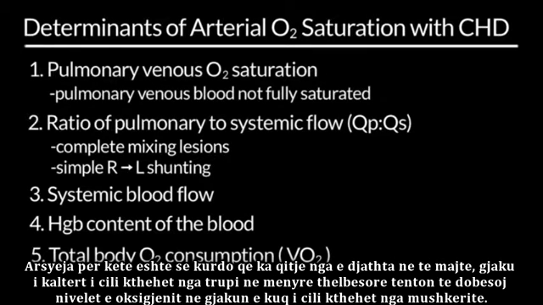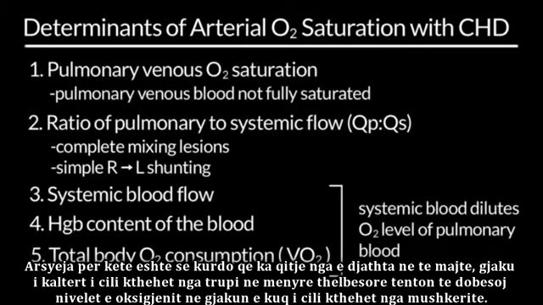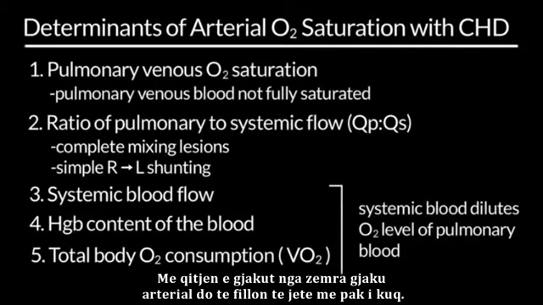And the reason for this is that whenever there's right to left shunting, the blue blood returning from the body tends to essentially dilute out the oxygen level of the red blood returning from the lungs. The bluer the blue blood is, the less red the arterial blood will be as it's ejected from the heart.